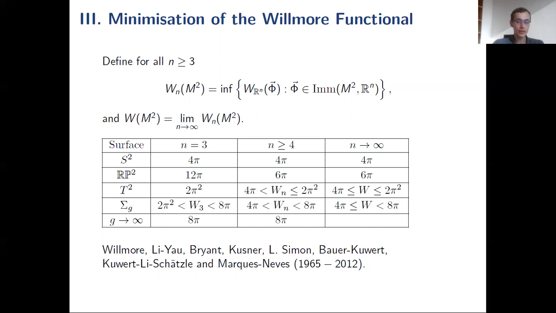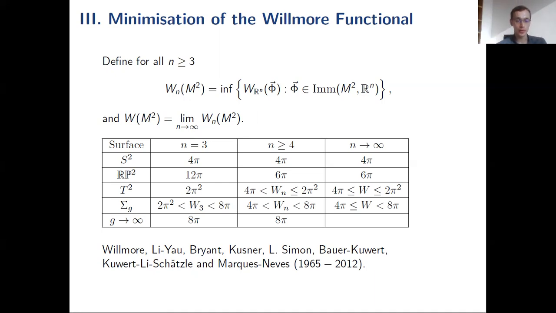And in this table, we can see the different values. So for the sphere, it's 4 pi. For the projective plane, it's work of Kusner and Bryant and others. So we see it's first 12 pi and then it drops to 6 pi and then it's always the same.